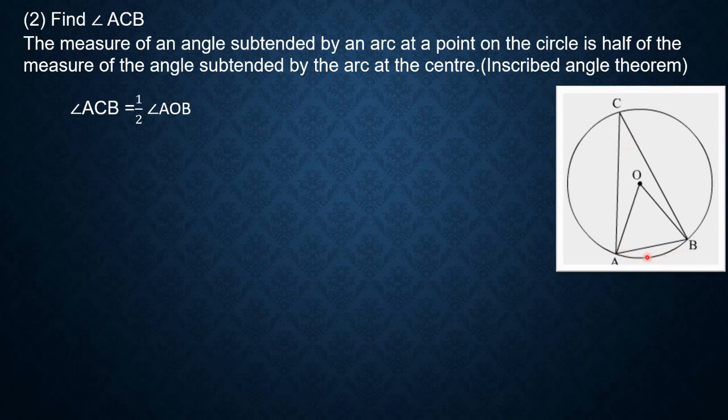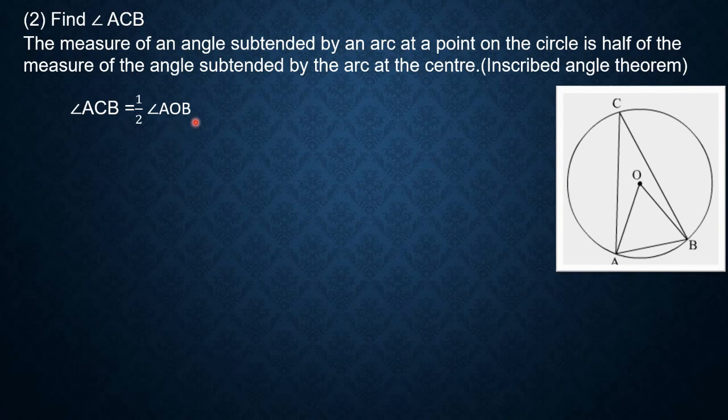Now we know that the measure of the central angle and the measure of its corresponding arc will be the same. So measure arc AB will be the same as measure angle AOB. Hence we say that by using the inscribed angle theorem, angle ACB is equal to half of angle AOB.